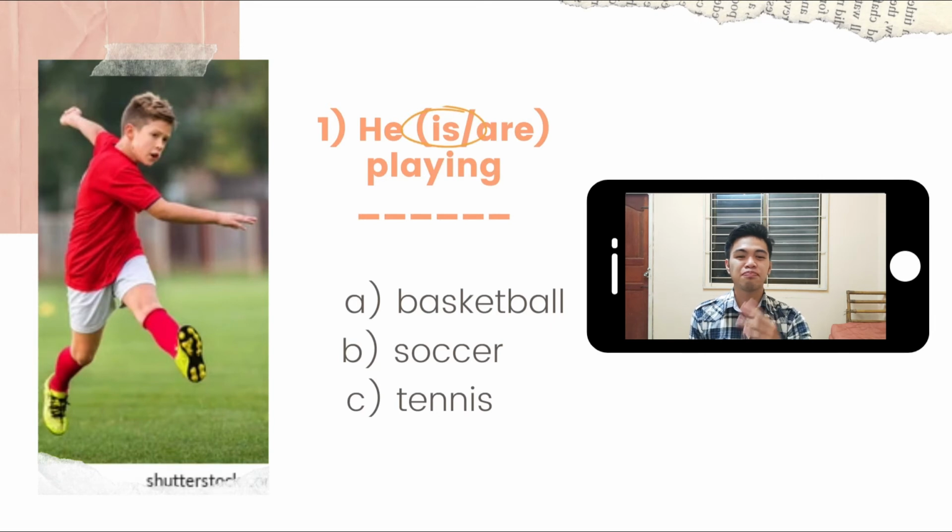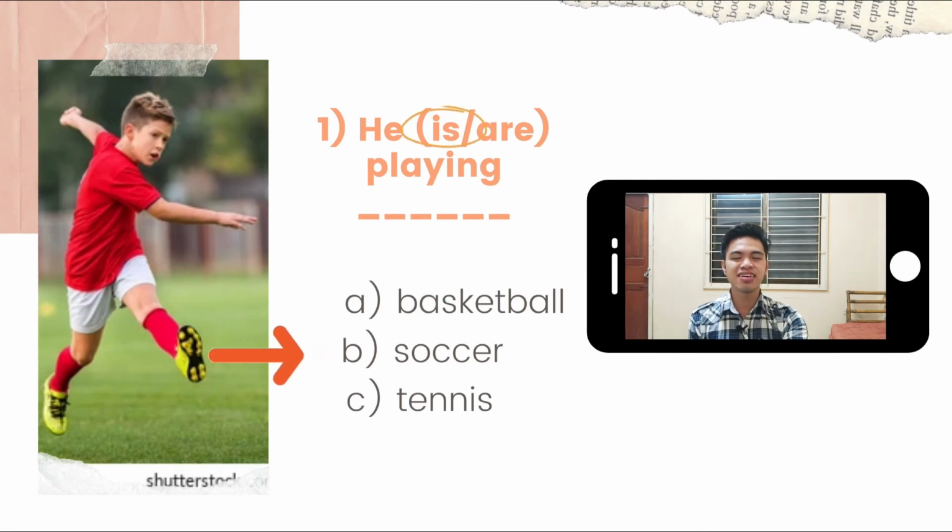He is playing. And then blank, what is he playing? Do you think it is basketball, soccer, or tennis? Very good. The answer is letter B. So it is going to be soccer. He is playing soccer. Okay?